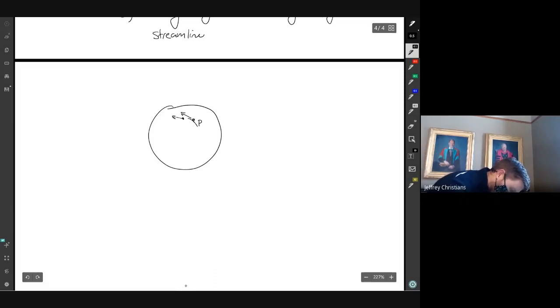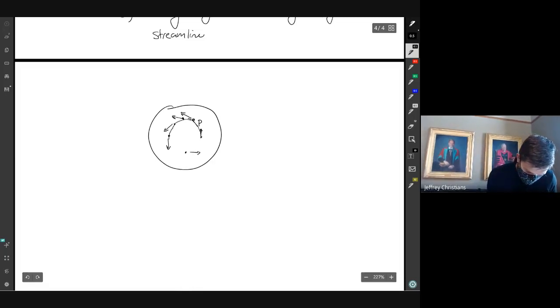Now the velocity vector is there. New point. Now it's right there. So we would draw a line that is tangent to all of those velocity vectors.